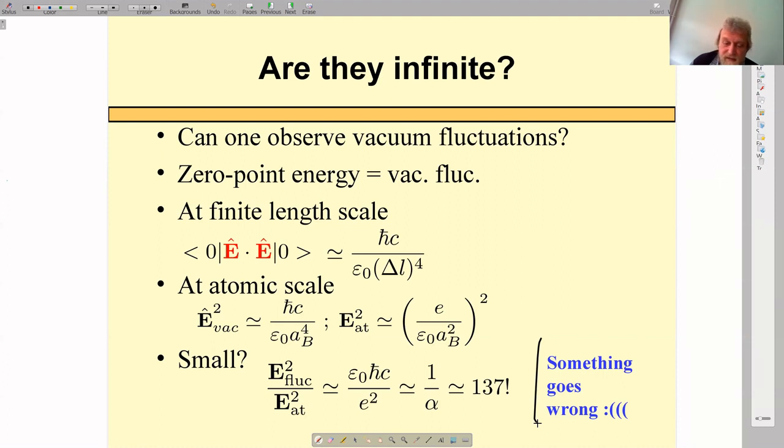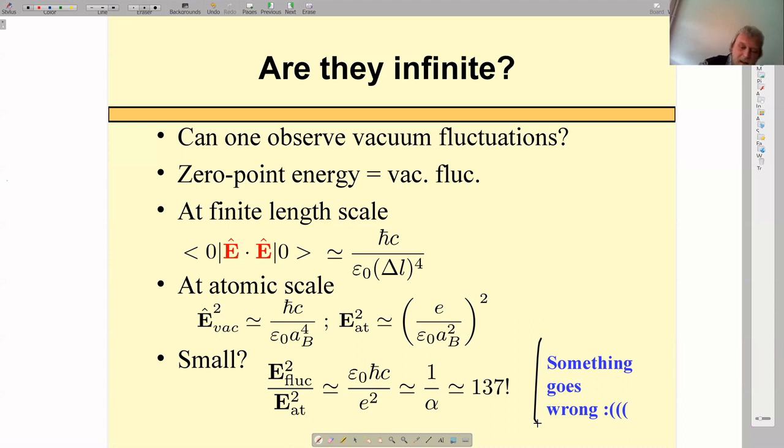That is to figure out what the fluctuating 0-point vacuum fluctuations of the electric field would be as compared with the electric field at atomic scale. How do we do this?